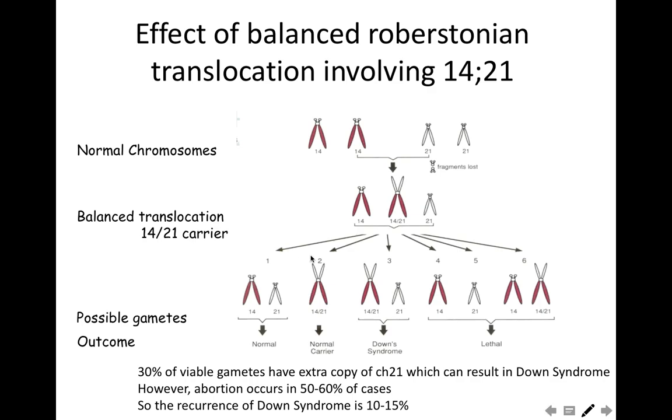Now this female has got, instead of 2 copies of 14 and 2 copies of 21, which is the normal chromosomes, she has 1 14, 1 21, and 14;21 attached together, right? As a Robertsonian translocation. So what will her gametes carry?